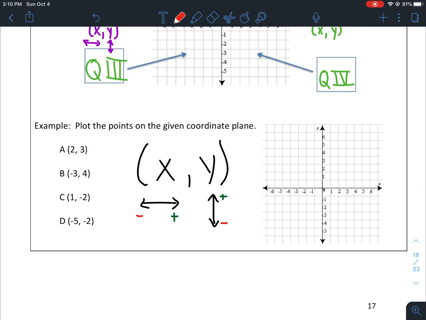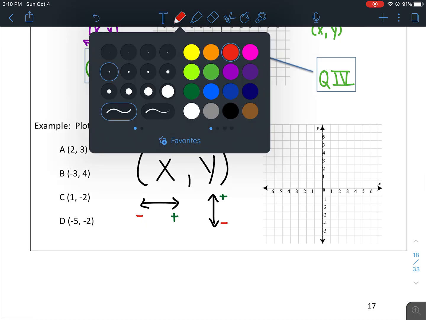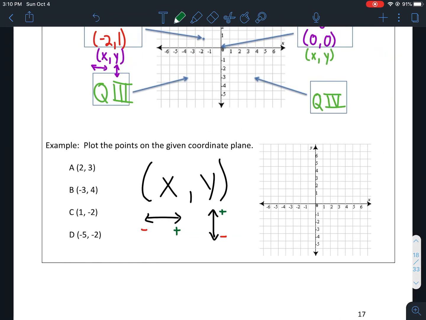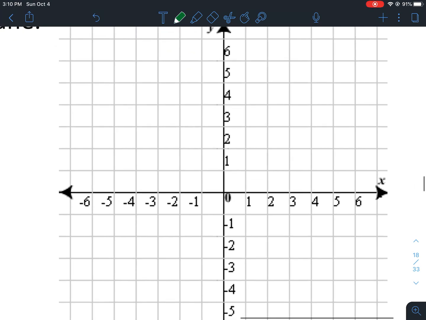So let's just take a couple points here. Alright, so the first point, we have point A. Point A is (2, 3). So from the origin, I'm going to go 2 to the right and up 3. So 2 to the right, up 3 gets me to this point.